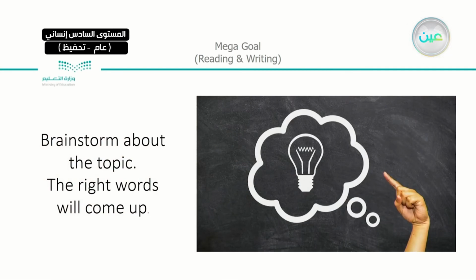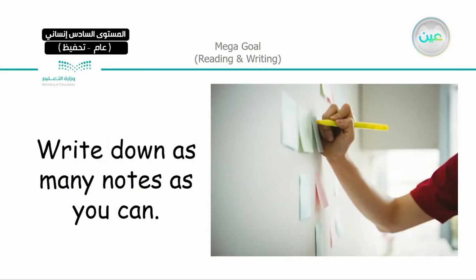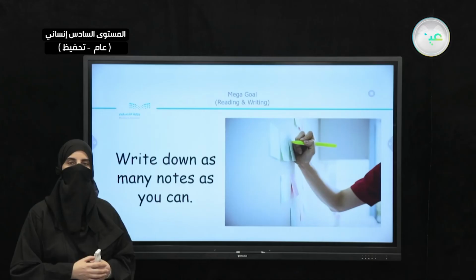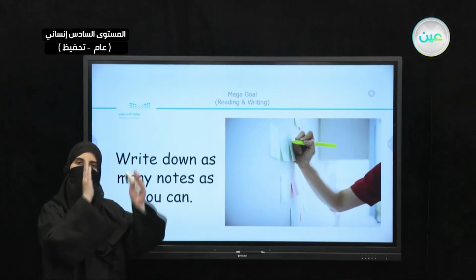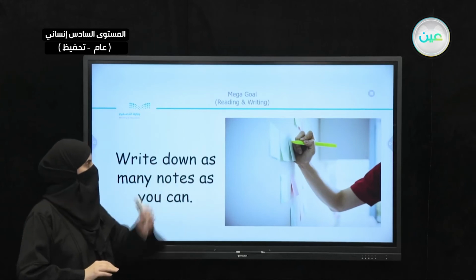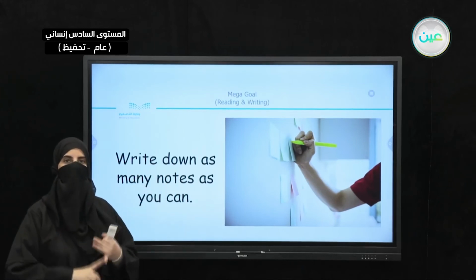Brainstorm about the topic, and the right words will come up. There is a very easy idea, which is to write down as many notes as you can. If you have any kind of topic, let's say, as we said, communication, you can just write the words and put them in front of you, like we have here. You can write down communication.